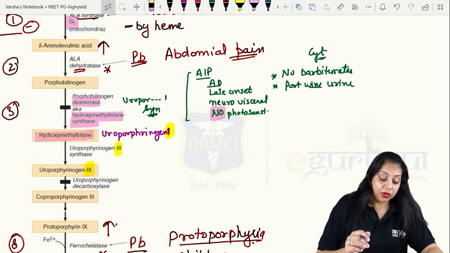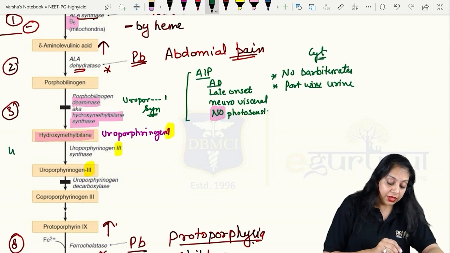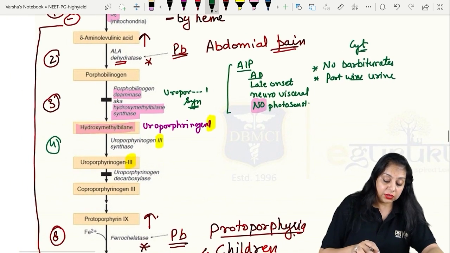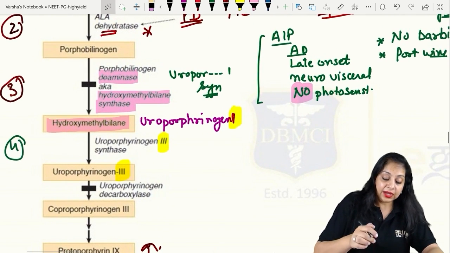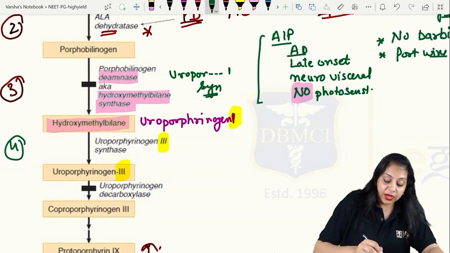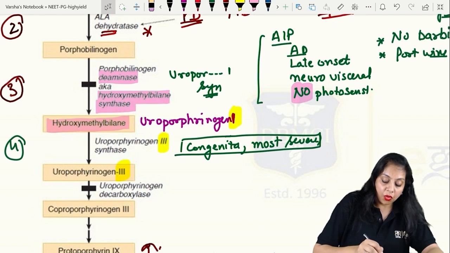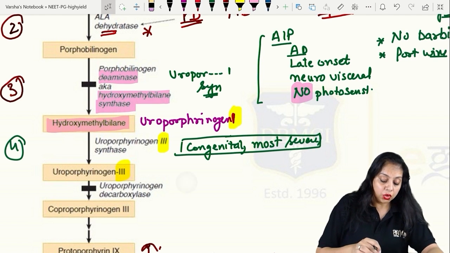Next, hydroxymethylbilane is converted into uroporphyrinogen 3, and that enzyme is uroporphyrinogen 3 synthase. Its deficiency leads to the porphyria known as congenital erythropoietic porphyria, which is the most severe form of the porphyria.